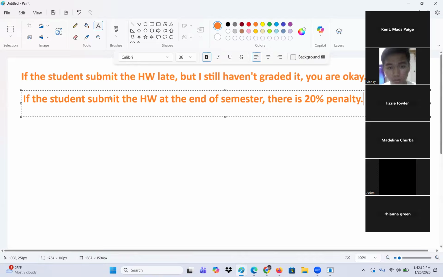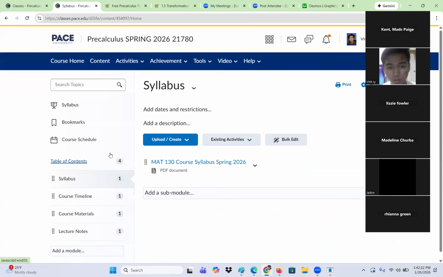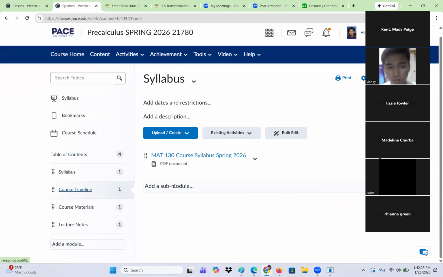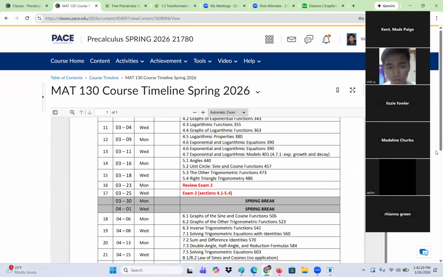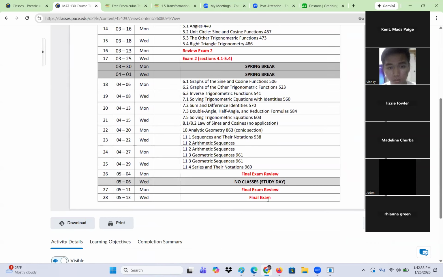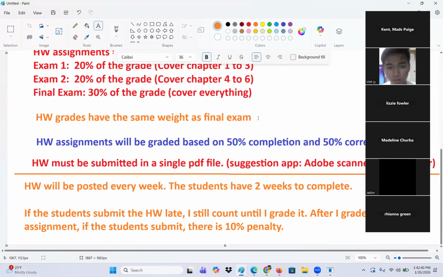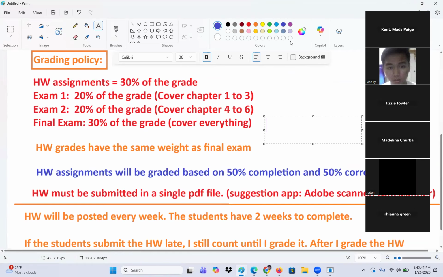So at the end of the semester, it does not pass the final exam. If you look at the date that we have for the final exam, I believe it's May 13th. This is what we have for the course timeline that we're going to strictly enforce. So the final exam has to be on May 13th. I just want to make myself clear about those dates.